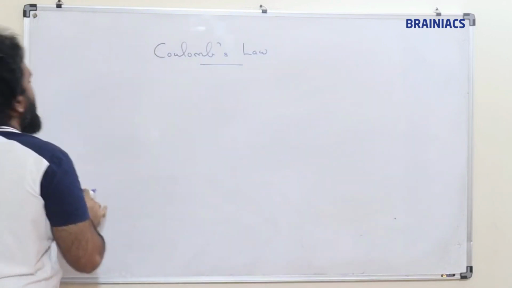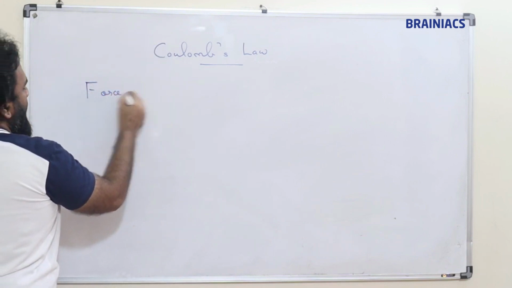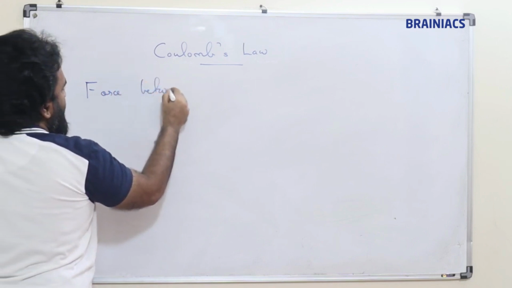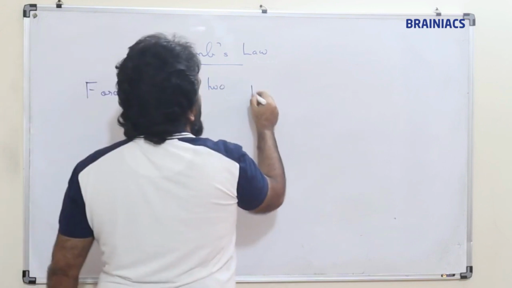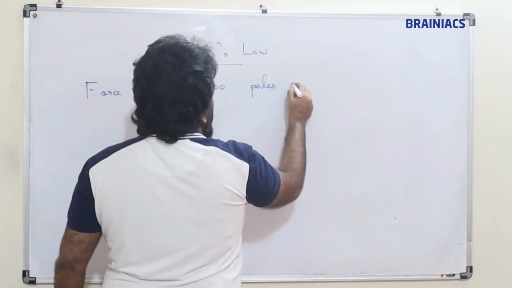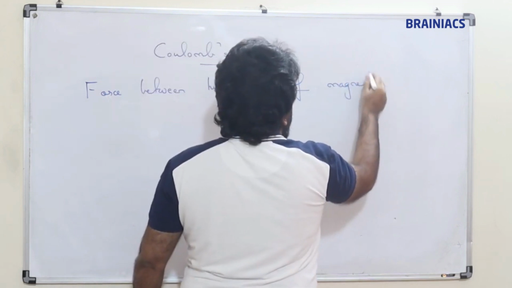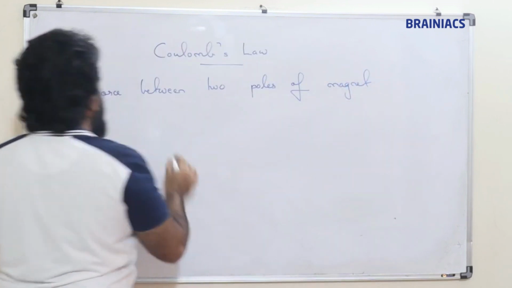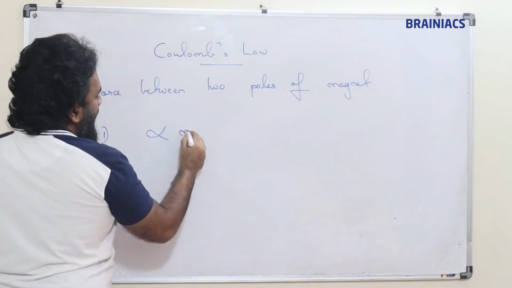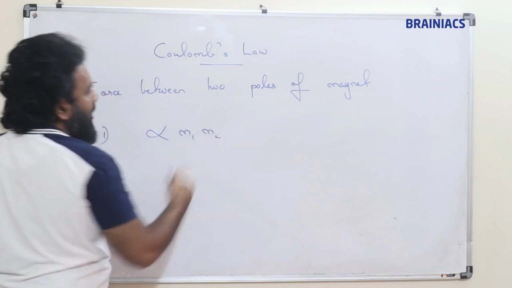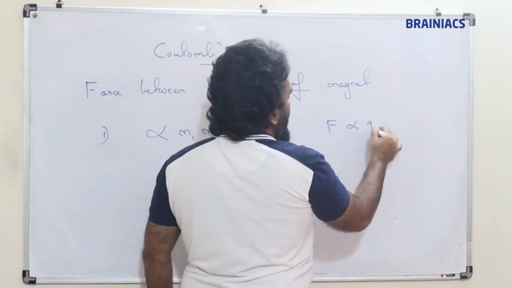What Coulomb's law says is that the force between two poles of magnets, first point, is directly proportional to the product of the pole strengths, just like F is proportional to the product of the charges.